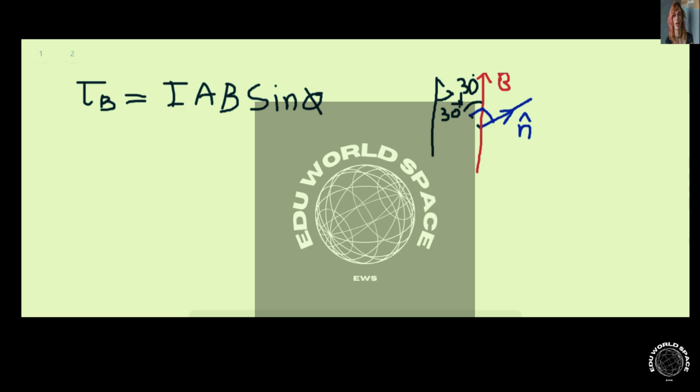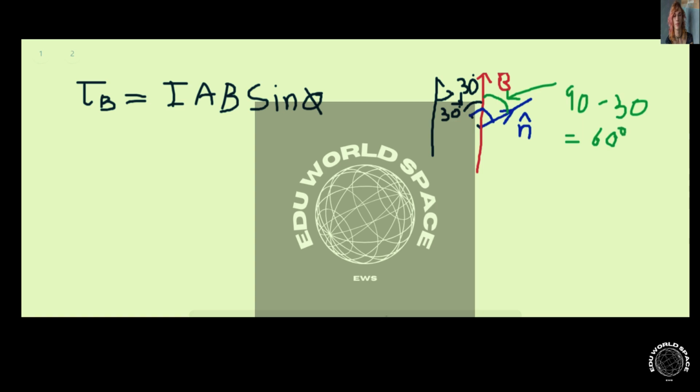That means that this angle between B and n hat must be what? Well, just 90 minus 30, which is 60 degrees. And that's it. We're done with the hardest part of the problem.